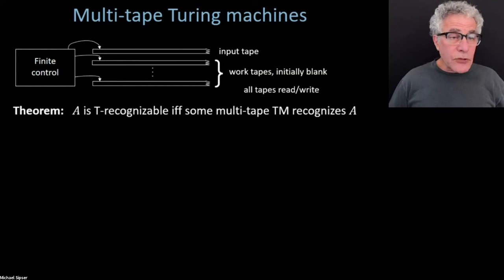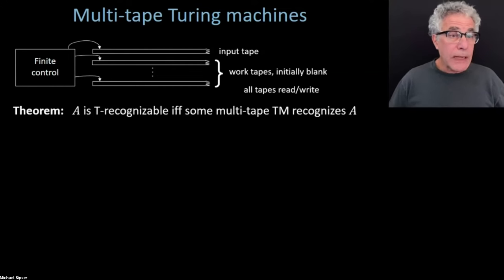So what we want to first establish is that by having these additional tapes, you don't get additional power for the machine, in the sense that you won't have additional languages that you can recognize by virtue of having these additional tapes. I mean, you could imagine that having more tapes will allow you to do more things.